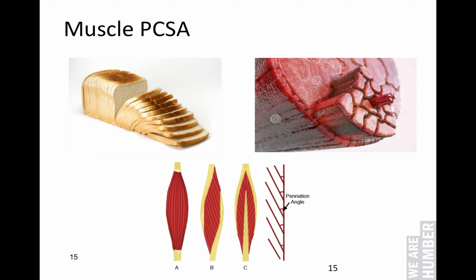However, muscle fibers come in different arrangements. So here is a muscle where the fibers are all parallel. If we take a cross-section of this, let's do blue, straight across here, we could measure that, we could measure it in the other direction and get an area, and we would get the cross-sectional area.